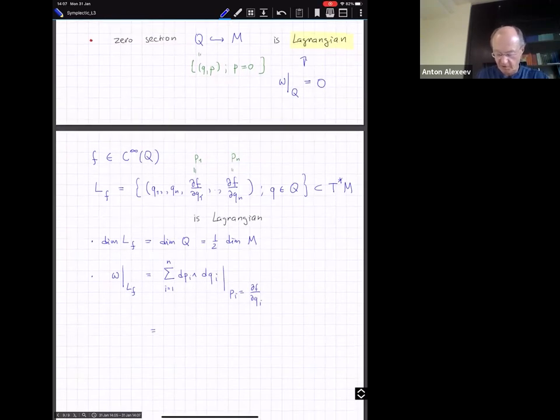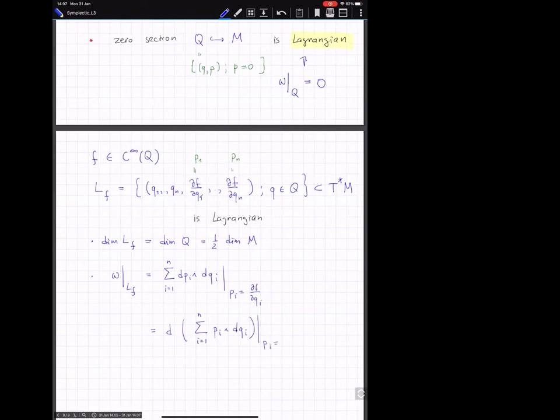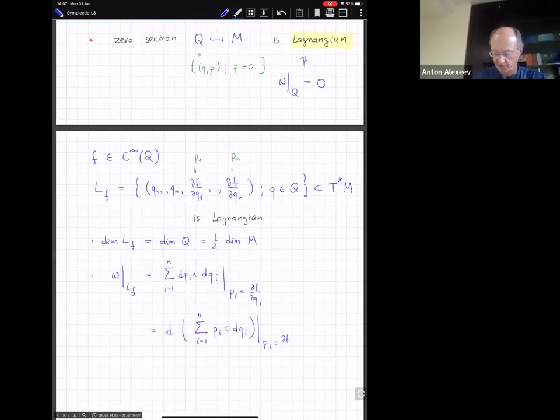I think it's more elegant to rewrite it in the following way. So I first take away the differential, right? Without the wedge. Oh, sorry, yeah, no wedge. I agree. There is no contradiction with a wedge.